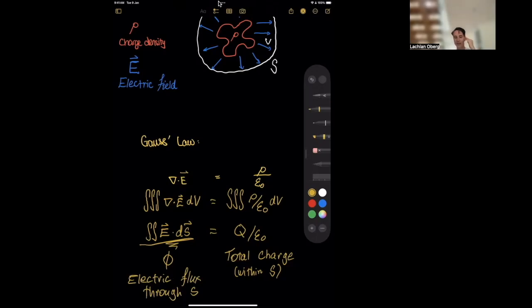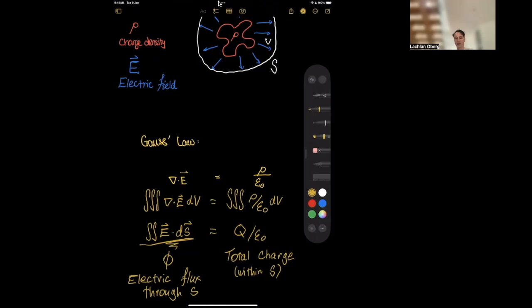Well, in essence, it describes the total electric field which is flowing or permeating through S. We've now finished our derivation of the integral form of Gauss's law. It relates the total electric flux phi through S to the total charge Q within S.